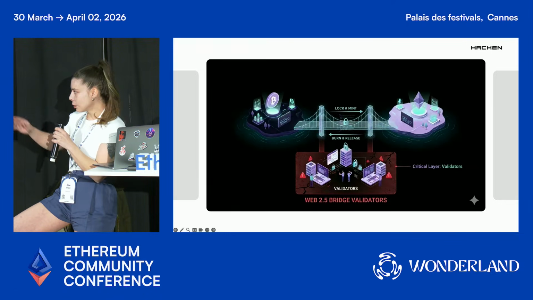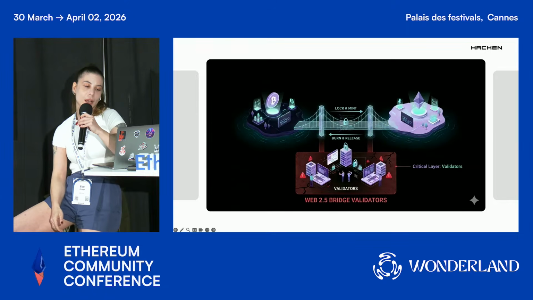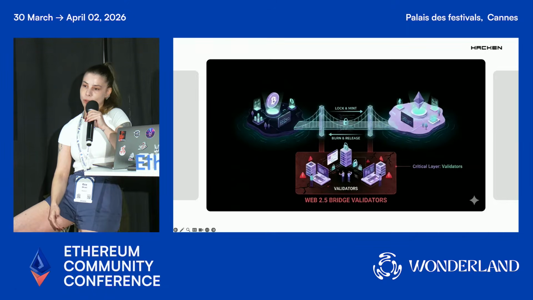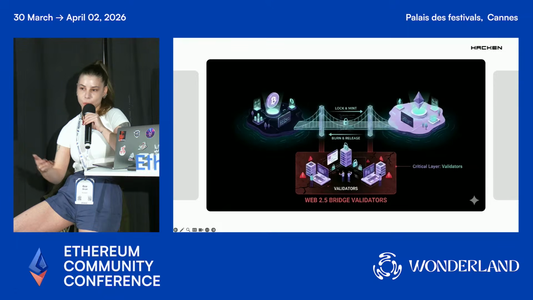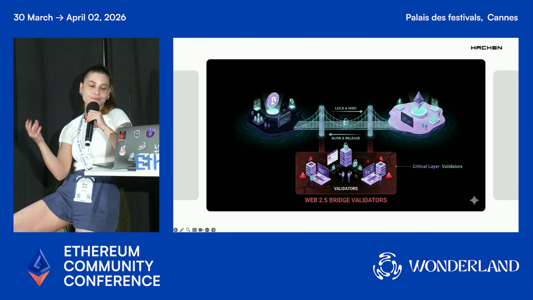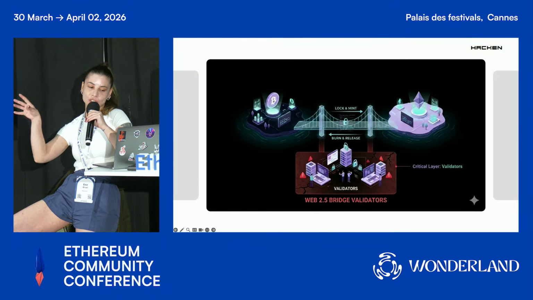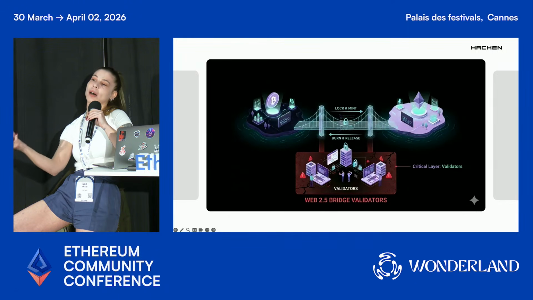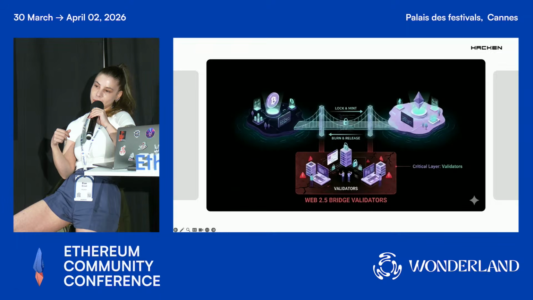Now, look at the bottom of the picture. Who actually approves the lock? Who actually approves the burn? Who decides that the message coming from one chain is valid before another chain acts on it?